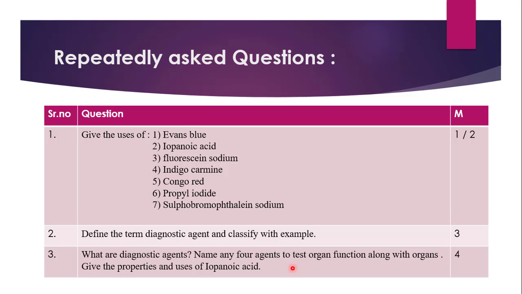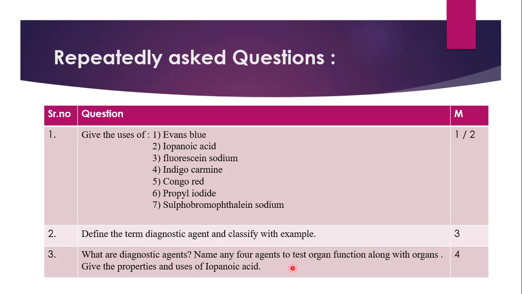For kidney it is indigo carmine and aminohippuric acid, for liver it is sulfobromophthalein sodium and rose bengal, and from miscellaneous it is Evans blue, Congo red, fluorescein sodium. All are important. You are supposed to give any 4 names from among those which we discussed just now, and along with them you are supposed to write down the organs. That means indigo carmine is for kidney function test, sulfobromophthalein is for liver function test, and so on.